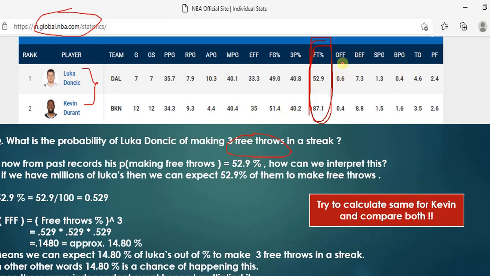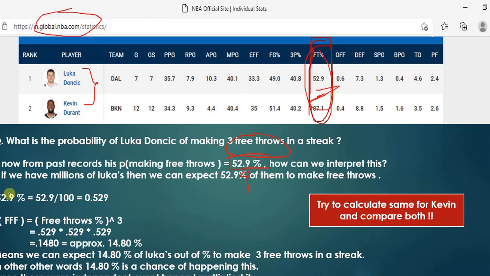First of all, from the past data, I have taken his free throw probability, that is 52.9%. Free throw probability 52.9%. So the most important thing is, how can we interpret this 52.9%? Suppose we have millions of Lukas, then we can expect 52.9% of them to score the free throw in the first game.